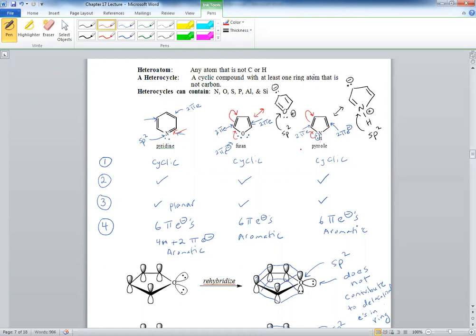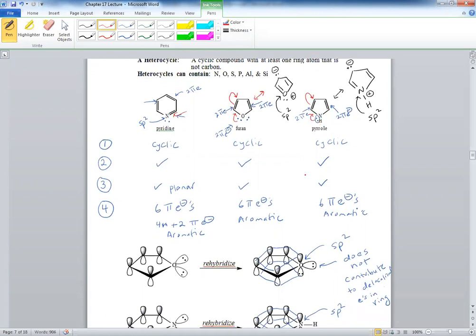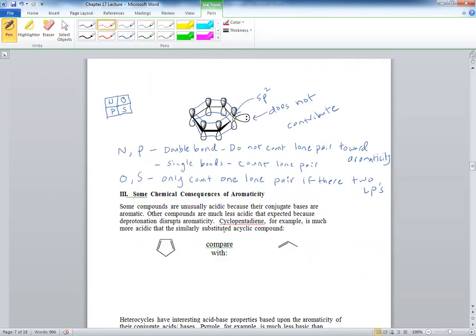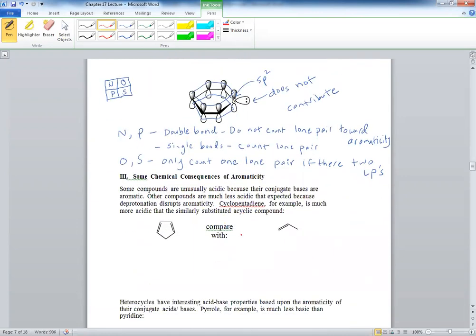It's a shortcut. Of course, this is not a rule that is set in stone, but it should work for our class. When you come back, we're going to learn about acids and bases in terms of aromaticity.